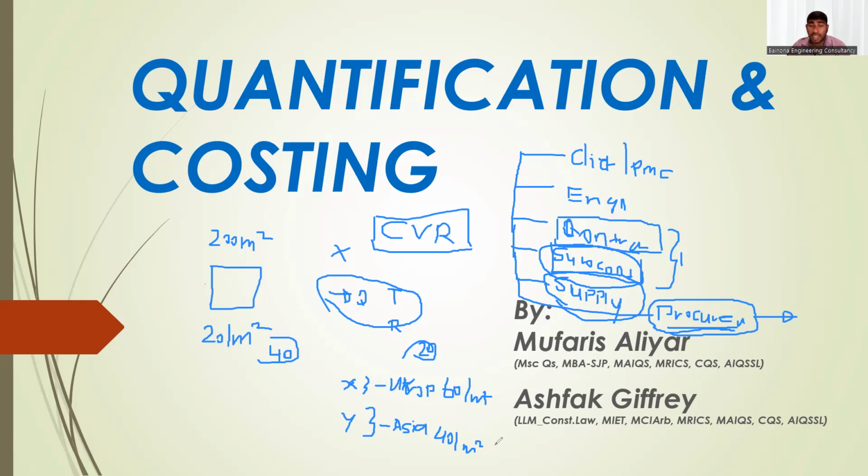But on top of it, they put value based on their company. I'm not strictly saying that a European company's price might be high or an Asian company's might be low. It can be vice versa, but it depends on the company. The company value is also added into the price.